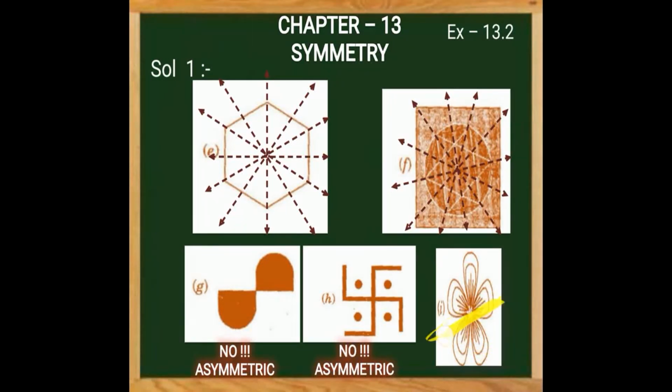Then another line would be drawn this way, in which these two halves would coincide. Here these two would coincide and these two would coincide. If I draw a line of symmetry this way, again the same story, one petal would share halves.